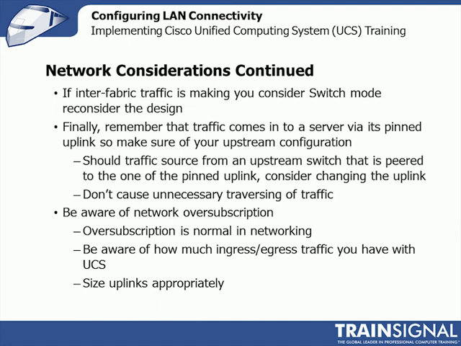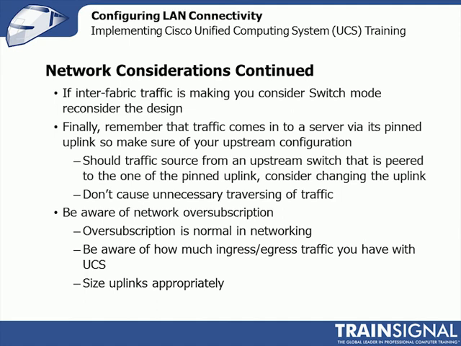A blade may be pinned to an uplink that goes to, say, core switch A, and it may do a lot of communication to a server or to a location that comes in via core switch B. So it's going to go remote location to B to A, down to the link, and down to the blade. And so you're traversing things that you shouldn't have to. My recommendation is you may want to look at flipping that over and pinning it to something that goes to B. Just reduce the number of hops and don't cause any unnecessary traversing of traffic.